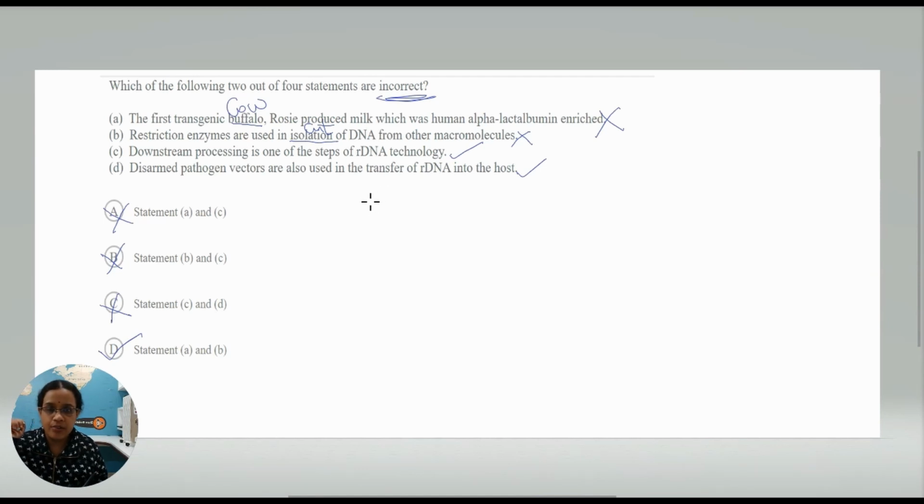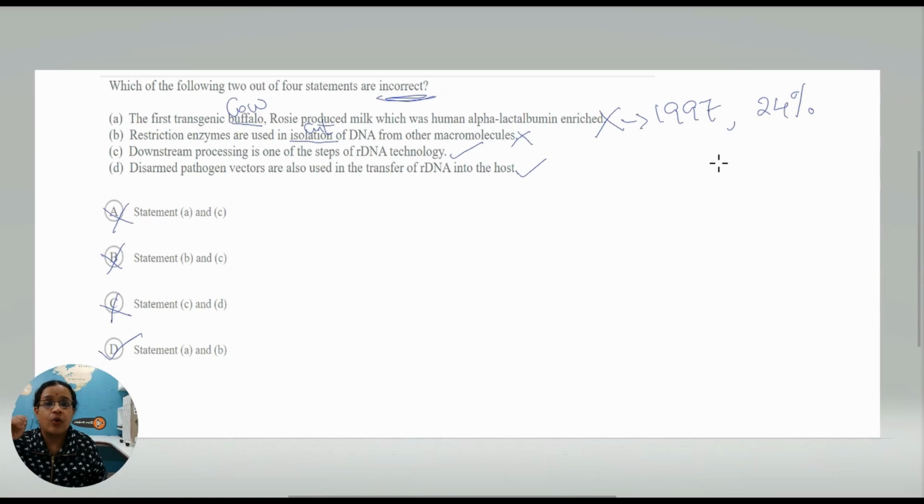Now, let me give you a few insights about these options. So, let's go to the first statement, which is the first transgenic cow, Rosie. Okay, this was produced in 1997. It produced 24% lactalbumin enriched milk.